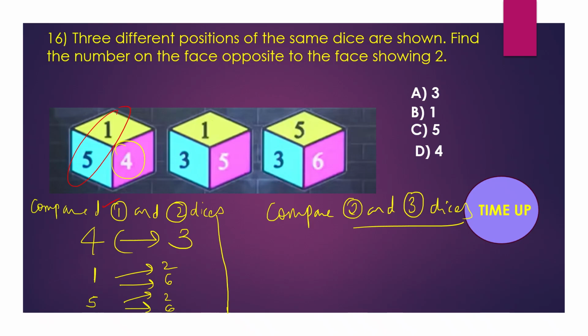Now we compare the second and third dice. 3 and 5 are common if you see carefully. What is left? 1 and 6 are left. So 1 opposite is 6 here. Correct? 3 and 5 we have. So 3 opposite can be what? 2 or 4.